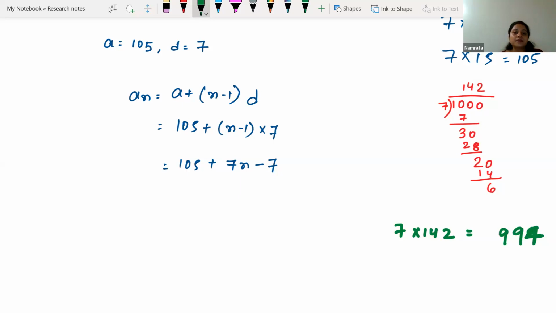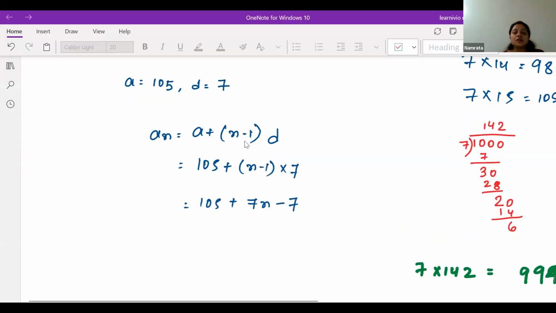Can I say 994 is a number before 1000 which is completely divisible by 7? Are you getting it, Kiran and Jasleen?